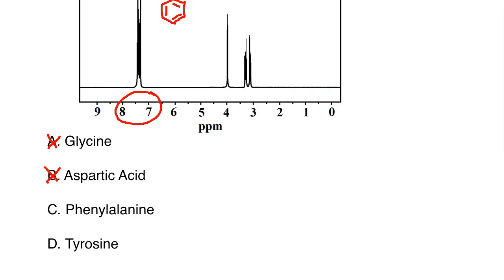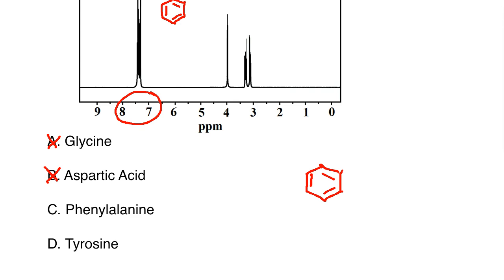Now when we look at phenylalanine and tyrosine, these are both aromatics, and so we have to look at this with a little bit more scrutiny. So what does phenylalanine look like, and then what does tyrosine look like? Well, phenylalanine is going to have the aromatic ring.